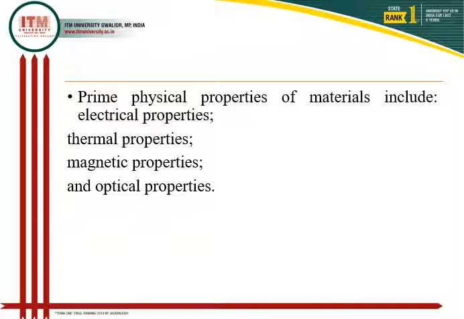We also discuss magnetic properties of materials. Some materials are magnetic, so we discuss attraction and repulsion, and many applications of this. And of course, we have optical properties. So these are the behaviors that we discuss for engineering materials.